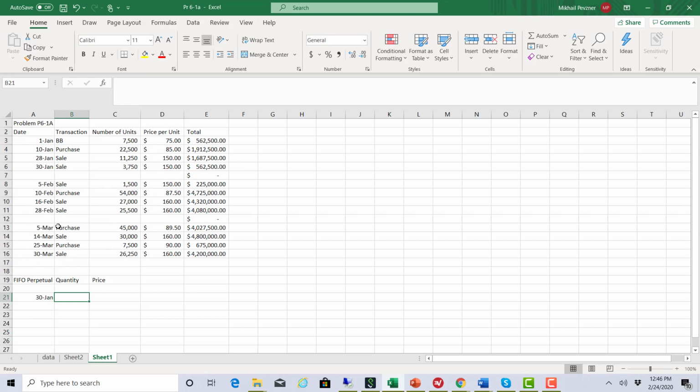Under FIFO, first in, first out, we started with a beginning balance and purchases, and then we have a couple of sales. The first sale is 11,250 units, and this here is what the selling price was. We're calculating, of course, cost of goods sold.